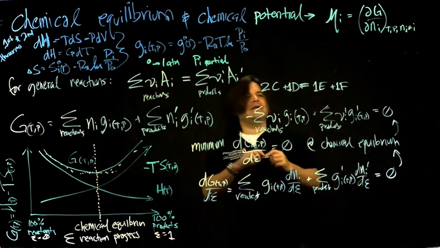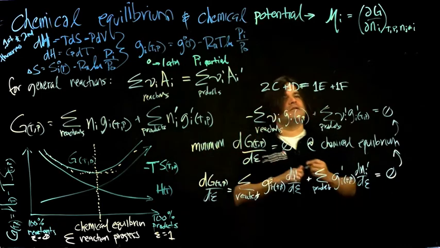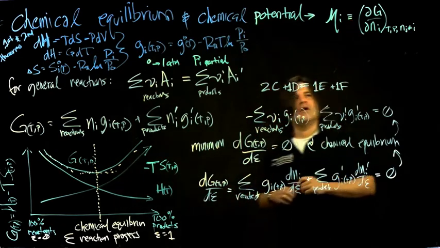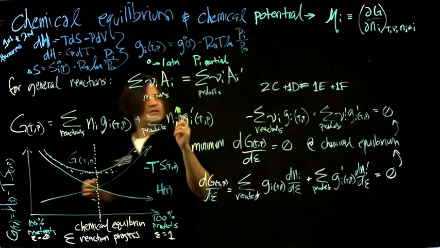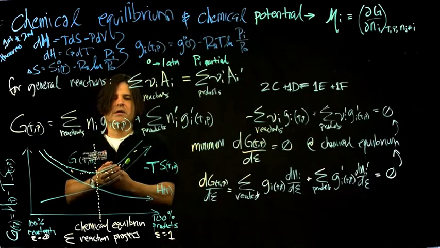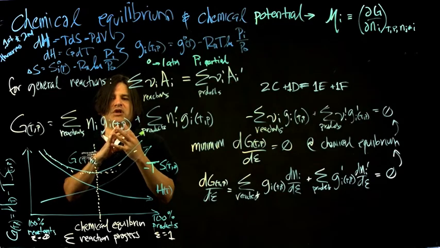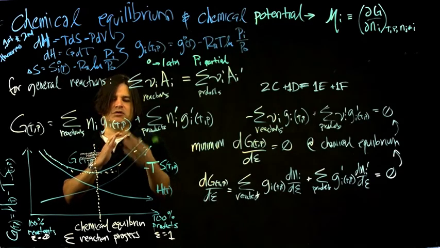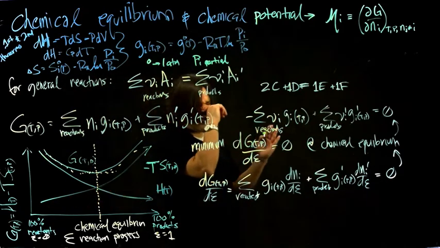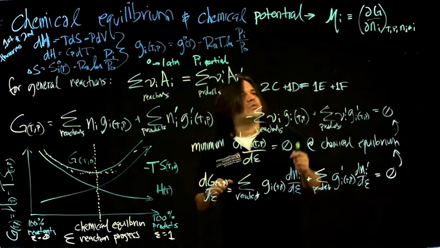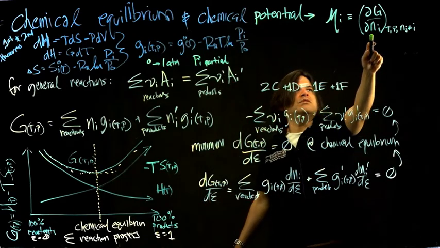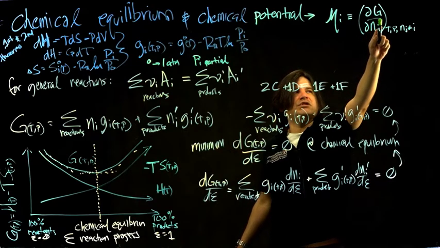So what it's saying, this is the definition, is that if you're undergoing a reaction process, when this reaction proceeds back or forward, the molecule is going to change numbers. It's going to be consumed or produced based on whether the reaction goes forward or backward. And so what the chemical potential is saying is that as this gets produced or consumed, how does the Gibbs free energy of the system change?